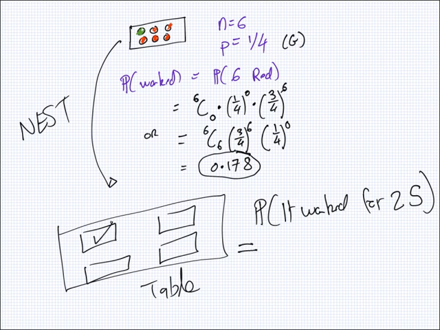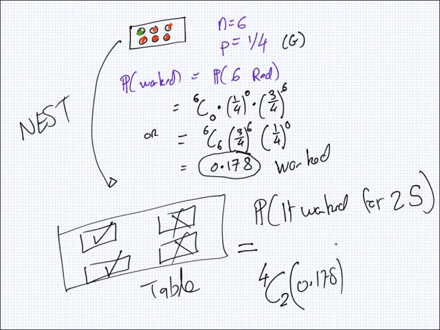I want 2 experimental successes and 2 failures, so it's 4. So yes, it'll start off with 4C2, and then use that one as the p, and this we said is a success. It worked. So it'd be 0.178 to the power 2.